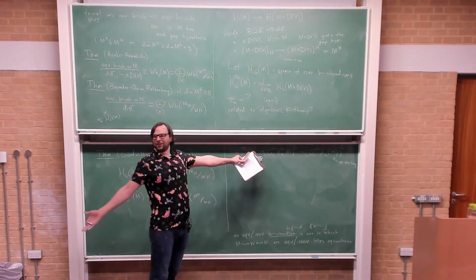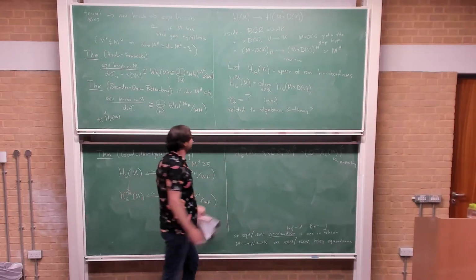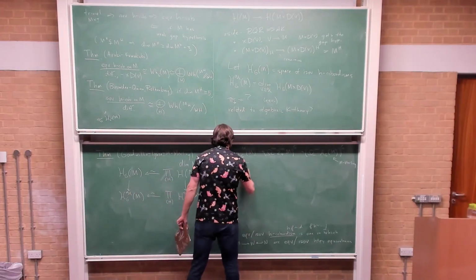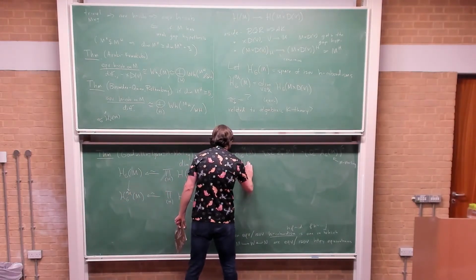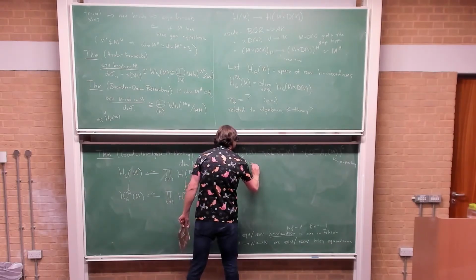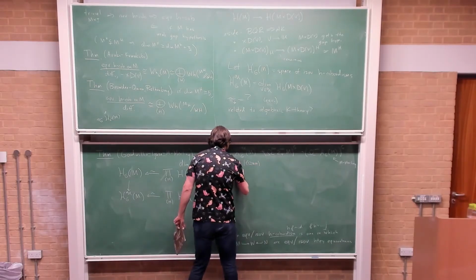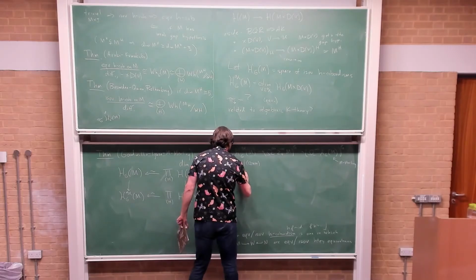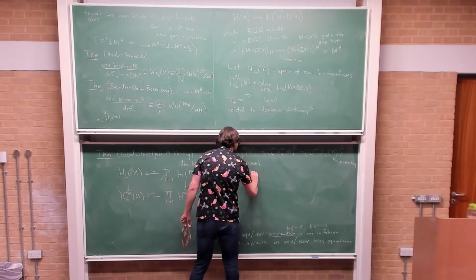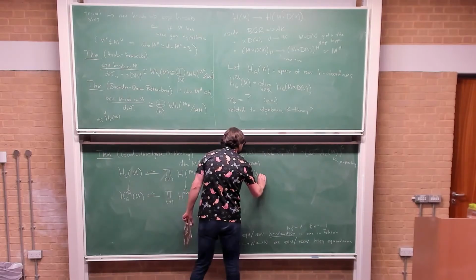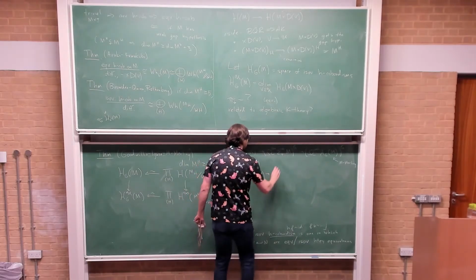Okay, so I claim that this is just a corollary. Why? Well, the idea is by this theorem, this splits apart as a product of non-equivariant, so h infinity of these spaces.